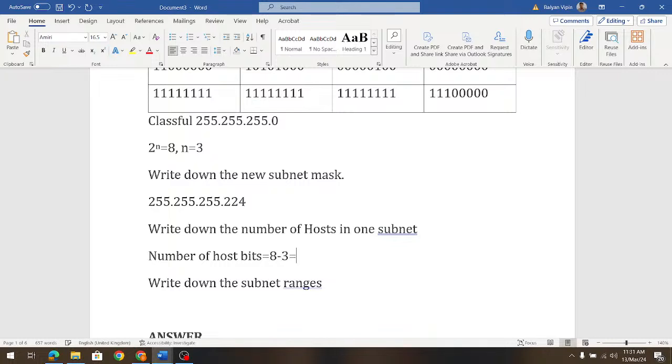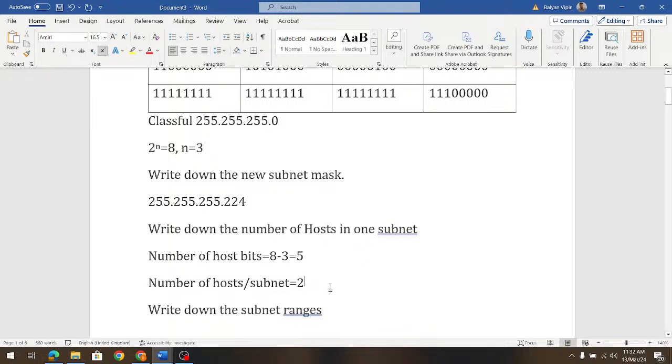Out of a total of 8 bits, we used 3 for the network, so the number of host bits equals 5. The number of hosts per subnet, if you remember the previous one, the rule remains the same, is 2 raised to the power 5 minus 2, which equals 30.